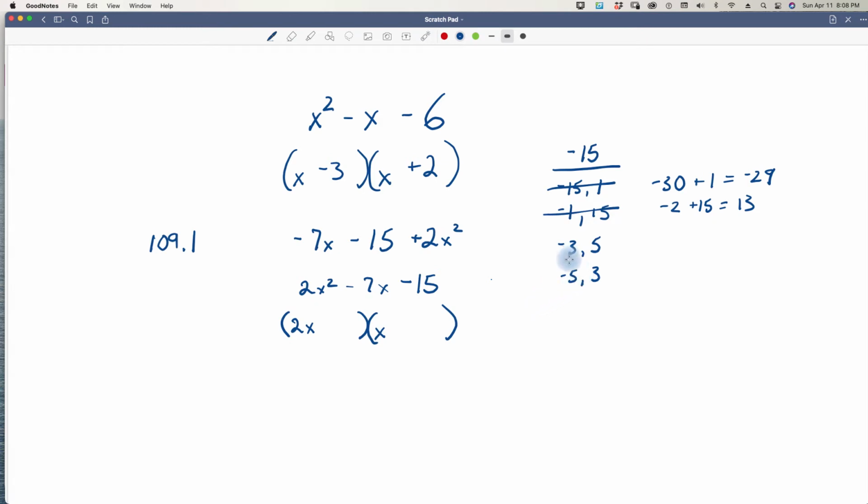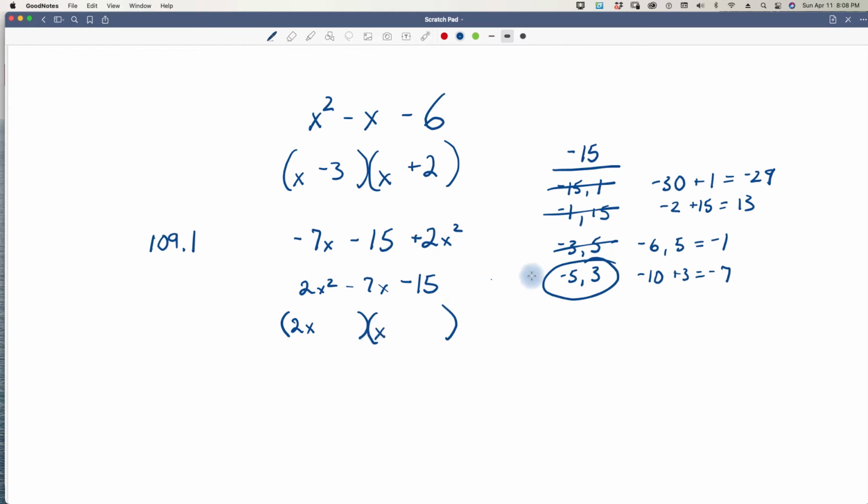If we said 2 times -3, that would give us a -6 and a +5, which would leave us a -1. So that's not it. Now, if we said 2 times -5, we would get a -10 combined with a +3, which would give us a -7. So this is our pair.